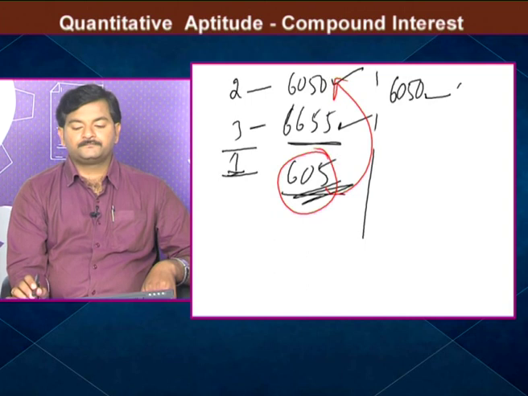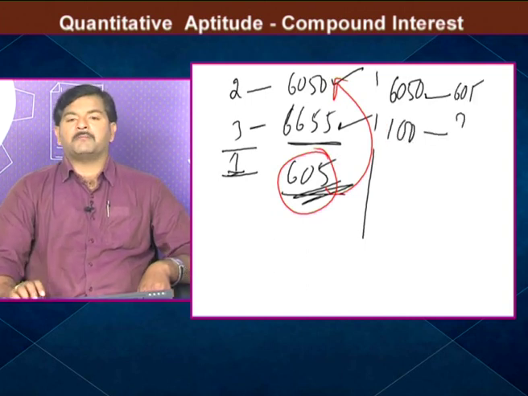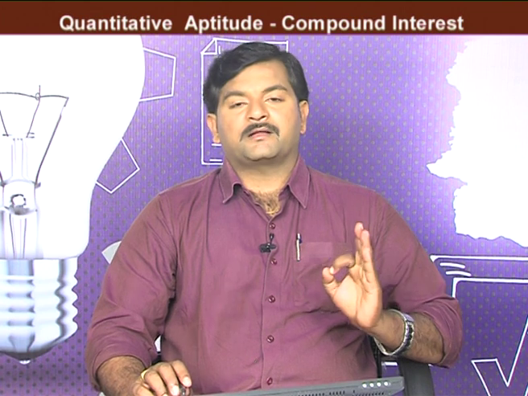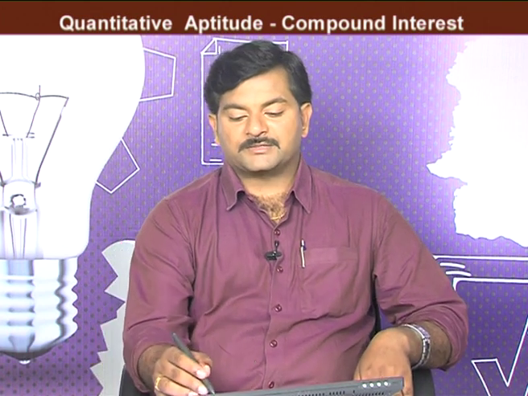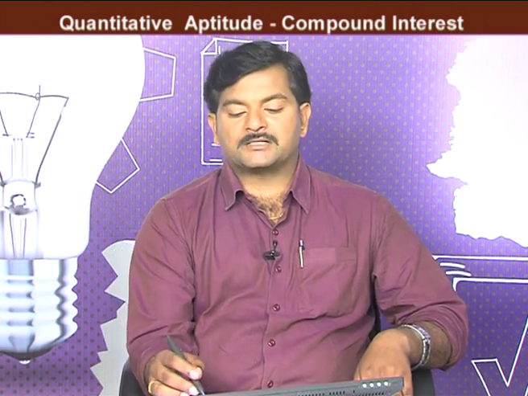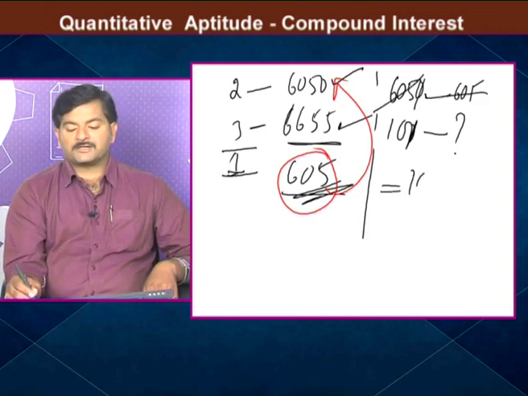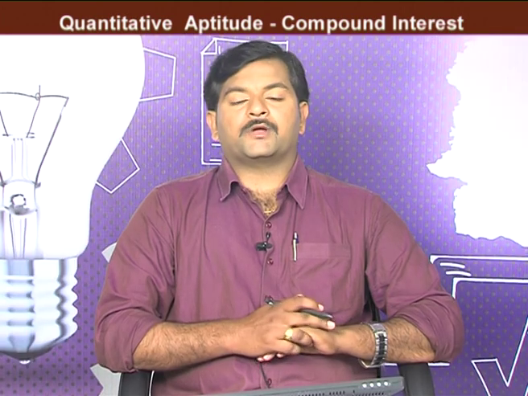Then for 100 rupees, what could be my rate of interest? See, why am I taking 100 rupees? He asked to find out the rate of interest. Rate of interest must be for only every 100 rupees for only 1 year. Simplification: 0 0 cancelled, 605 1 za, 605 1 za. Hence, what is my answer? 10% is the answer. Okay, I hope you understood.